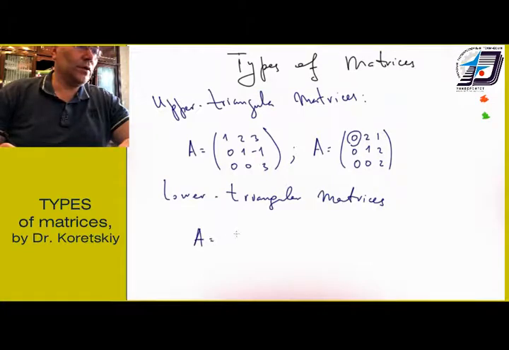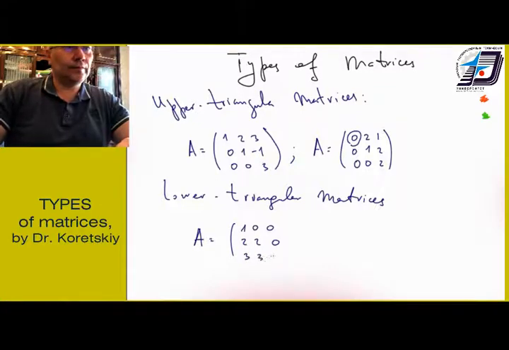It is 1, 0, 0, for example, 2, 2, 0, 3, 3, 3. You can see that this matrix is a lower triangular matrix because all elements above the main diagonal are zeros.